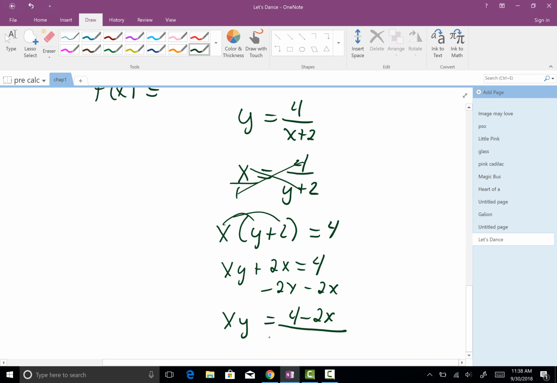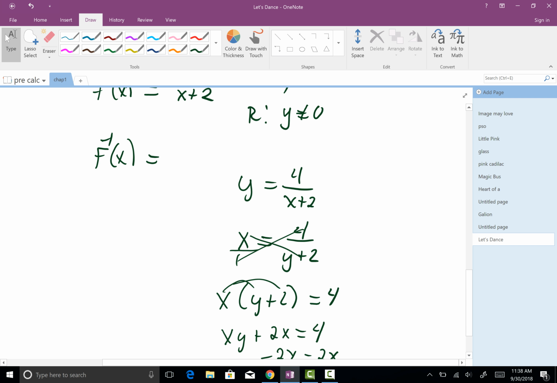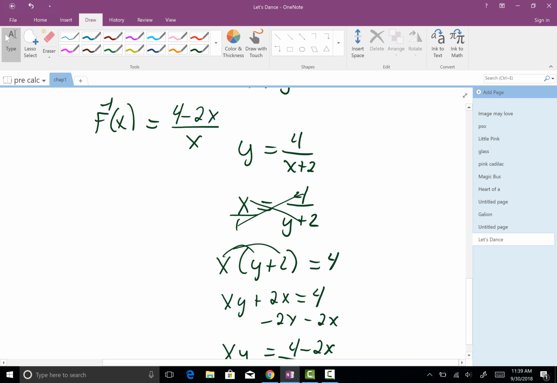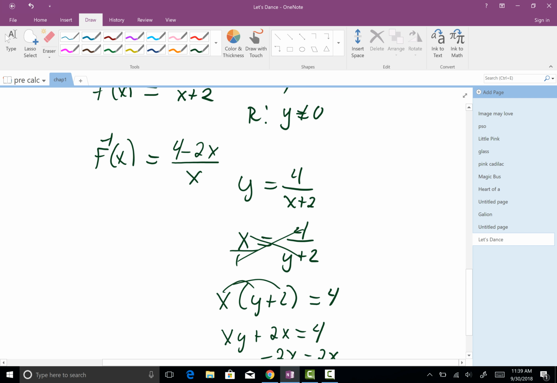And then divide by x. And there's my inverse. Okay, so I think this way is probably better when you have a little more complicated function you want to find the inverse of. It's a little trickier doing it by just kind of looking at an examination, right?